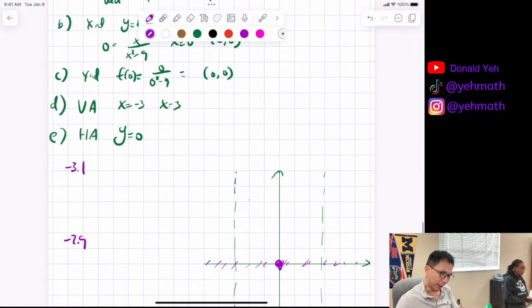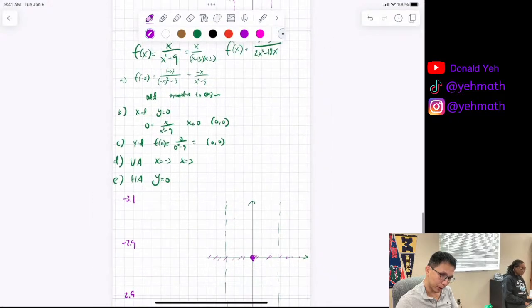So I'm going to plug those into the very original equation. Plug in negative 3.1. What am I going to get? Plug in x plus 3, negative 3.1 plug into x plus 3 is what?